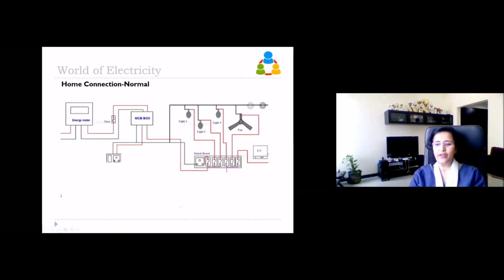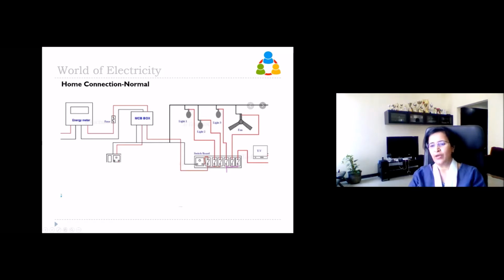So let us see how it happens normally. This is your home connection. The electricity comes from the electricity board to an energy meter. Then it goes to a fuse. Then it goes to a distribution box, normally called DB, or MCB distribution box. From there it goes to your light, your fan, your TV, or wherever.